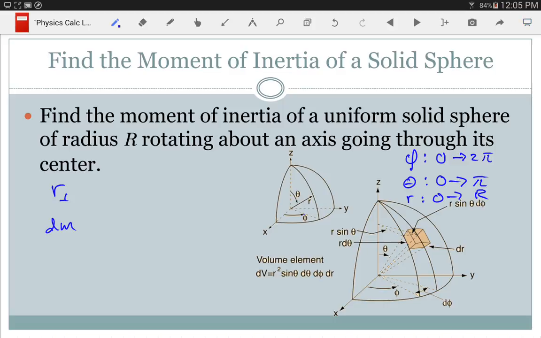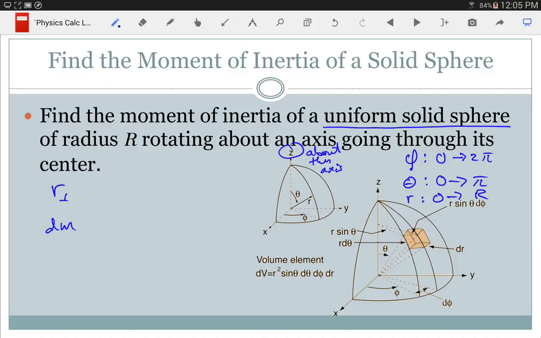So what would r perpendicular be? Let's say I'm going to rotate a uniform solid sphere through its center about the z-axis. So r perpendicular is the perpendicular distance from that z-axis. What's that going to be? I'll start with a very leading question.